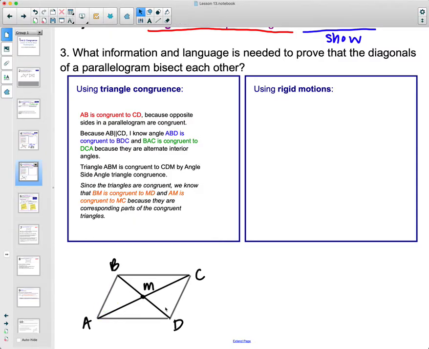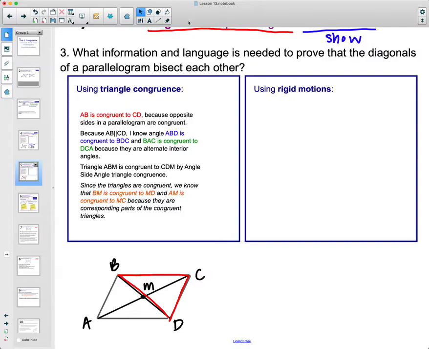So maybe when you looked at this, you thought, man, that looks like I could rotate one of these triangles around. And if I could prove that this triangle rotates 180 degrees around point M, that would force M to be the midpoint, which would get me to have those two pieces being congruent, BM and MD.